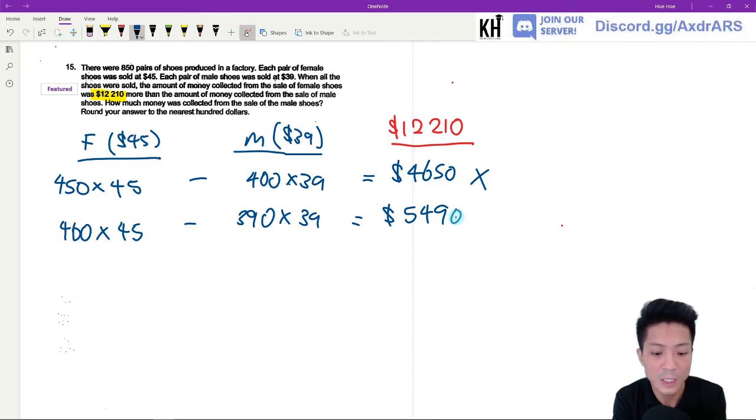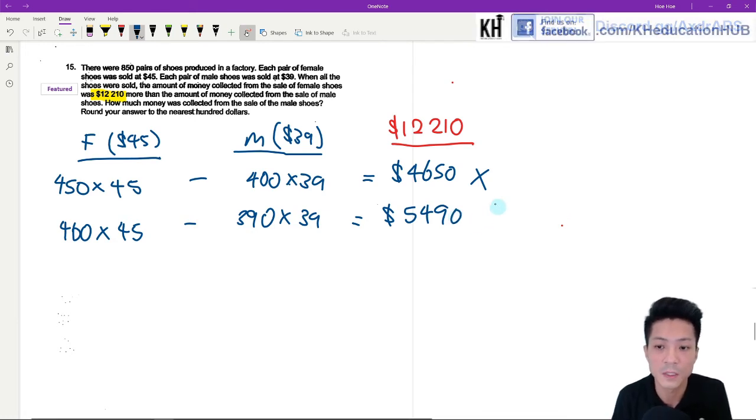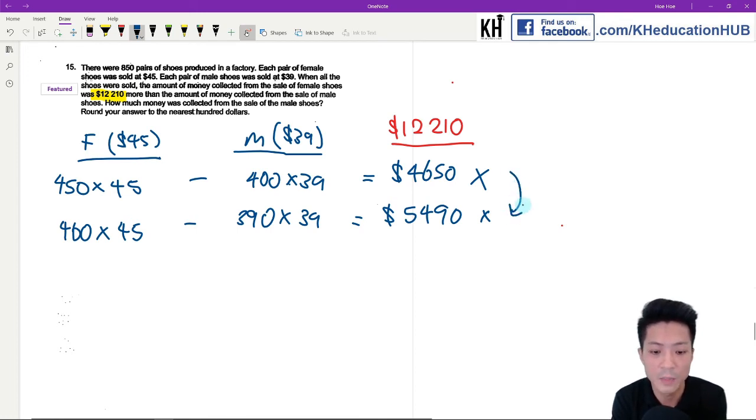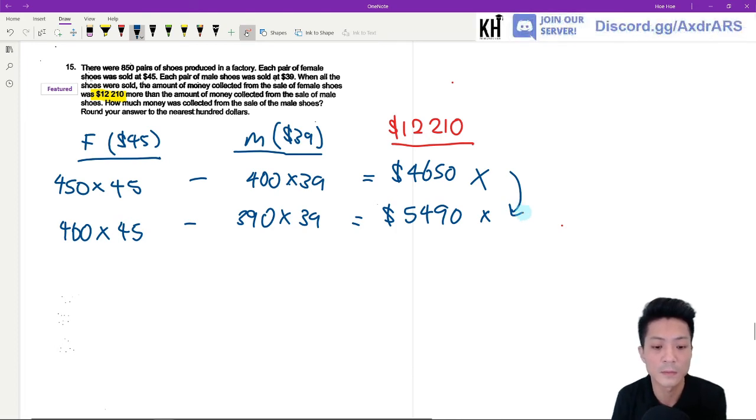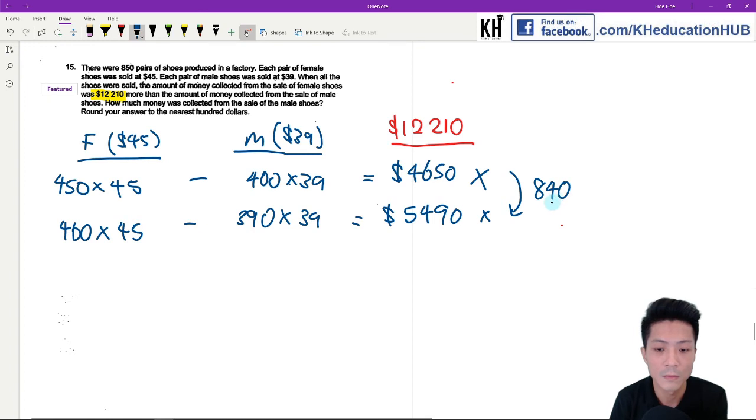Because in any guess and check, you do not want to make any careless mistakes. This is also wrong, but the thing that we want to look out for is what is the jump every time I increase by 10. The jump every time I increase 10 female shoes will be $840.